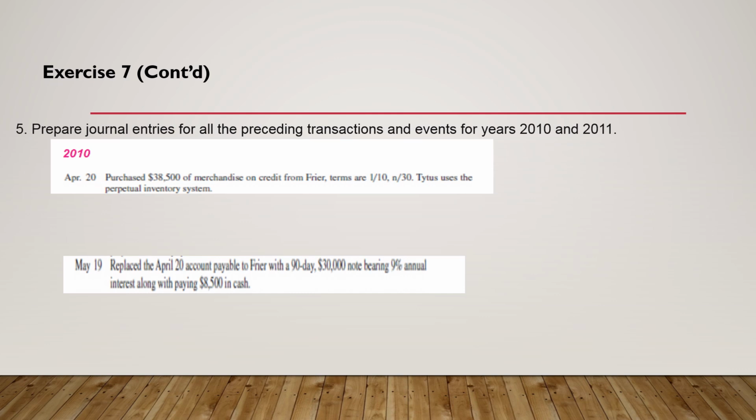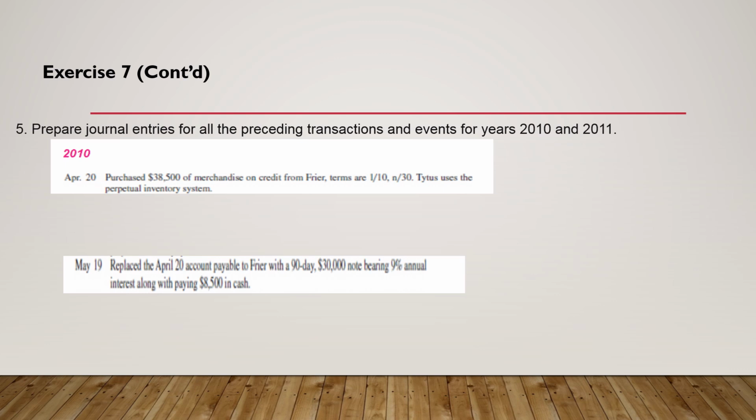Okay, now requirement number 5, it's required to prepare journal entries for all the preceding transactions and events for years 2010 and 2011. Let's take it transaction by transaction. In 2010, the first transaction was that we purchased on April 20th $38,500 of merchandise on credit from Fair.